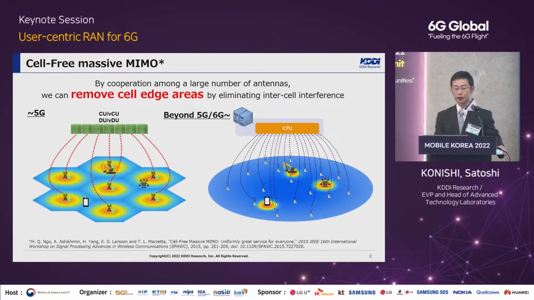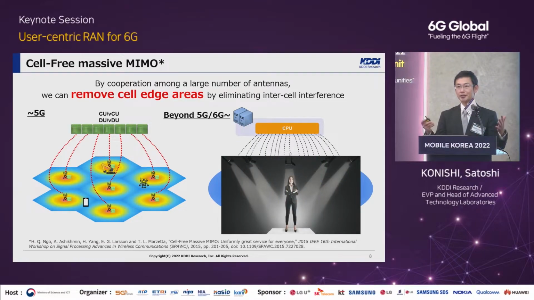But if we utilize the cell-free massive MIMO scheme, which was proposed in the paper described at the bottom of this slide, we can concentrate beams or radio signals on user locations by collaborating multiple antennas surrounding the terminal. This is the concept of cell-free massive MIMO, one of the MIMO architectures or schemes. The purpose is to remove the cell edge area.